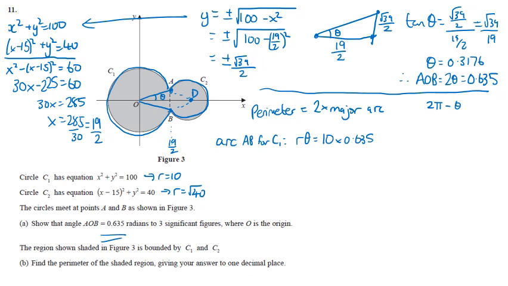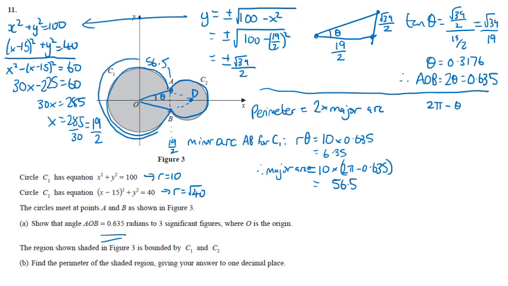So the arc length A to B, I should say that's the minor arc, is 6.35. Therefore the major arc is 10 times the bigger angle, so 2 pi minus 0.635, and that gives 56.5. So this is 56.5 all the way around there.